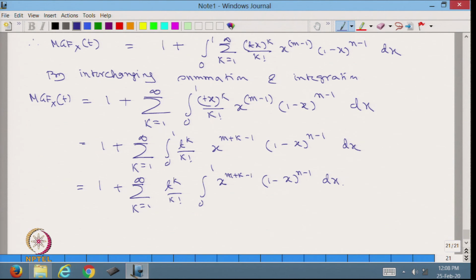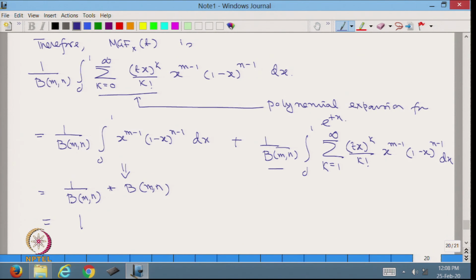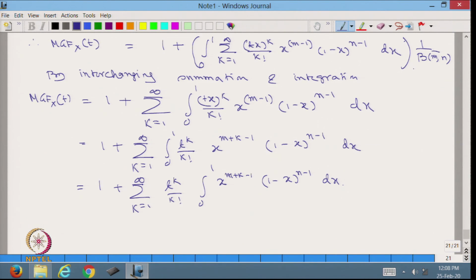Now, note that we have a 1/β(m,n) factor from here that we have not considered yet. Therefore, this whole thing is also to be multiplied by 1/β(m,n). Now, let us look at this part.